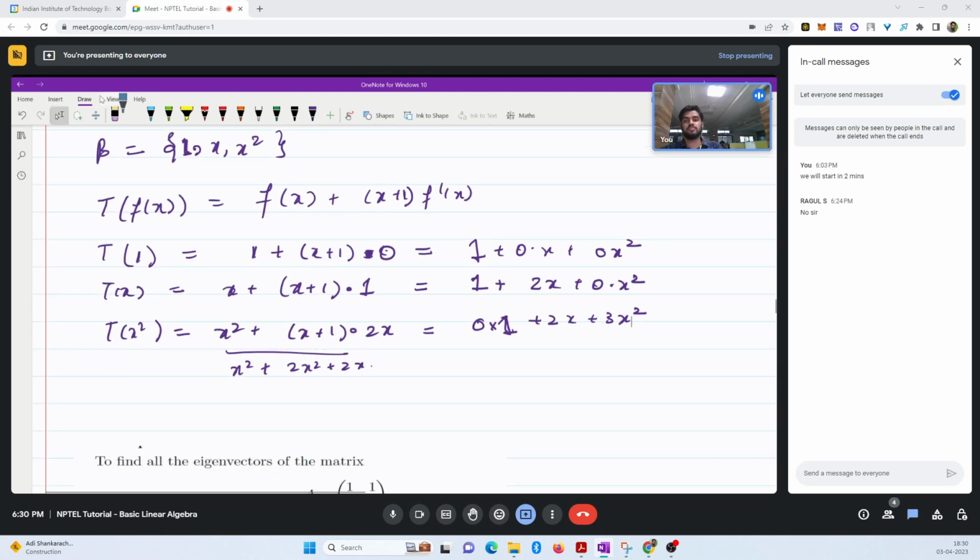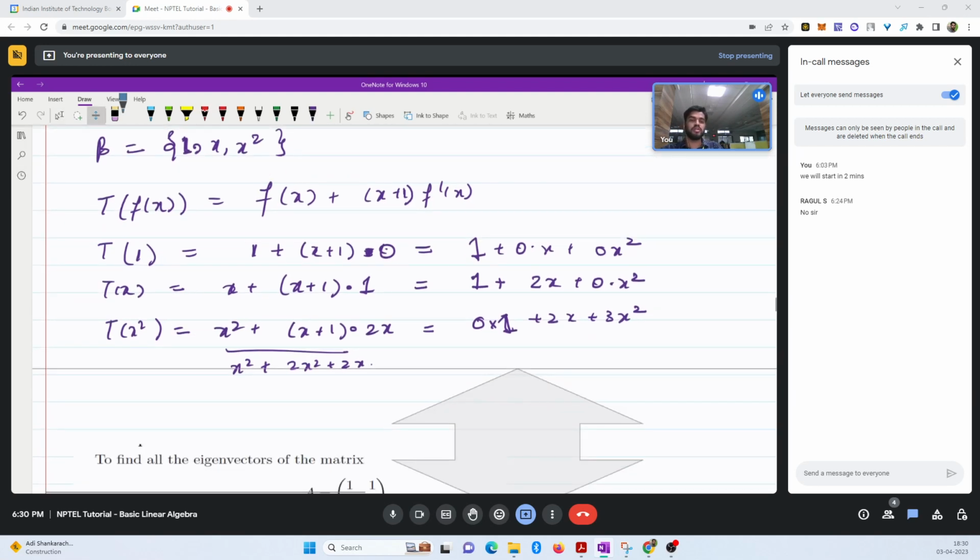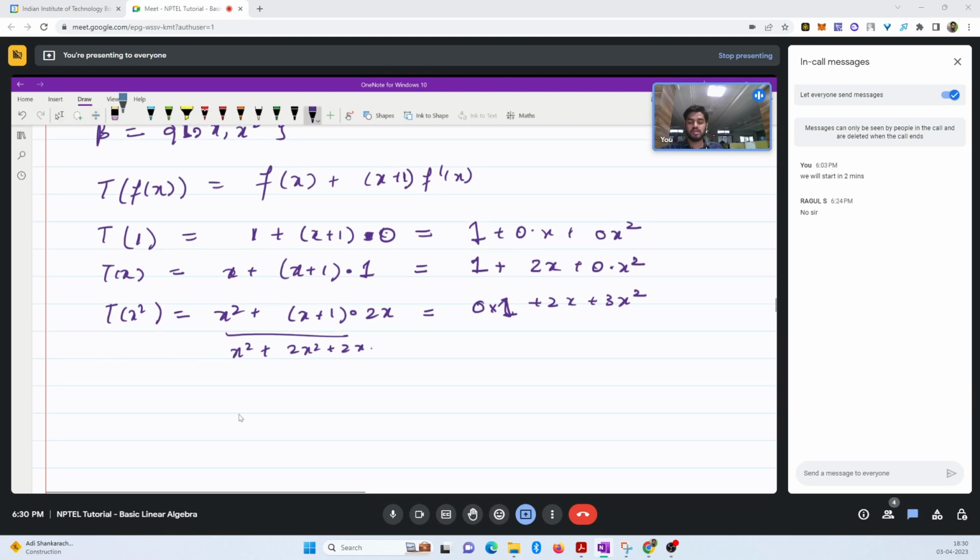So if you write it in a matrix notation, how do you get it? The coefficients of the first image are your first column, that is 1, 0, 0: 1 from here, 0 from here, 0 from here.